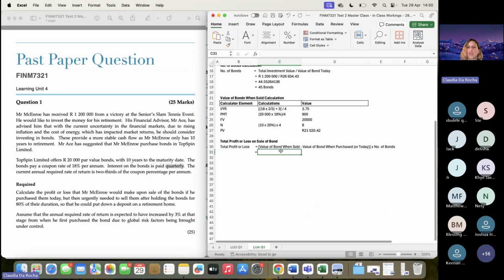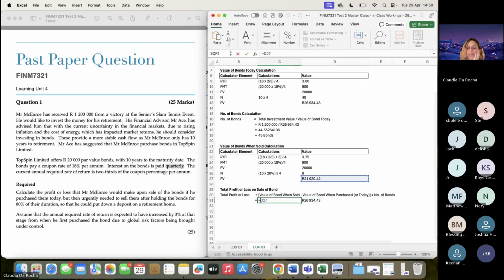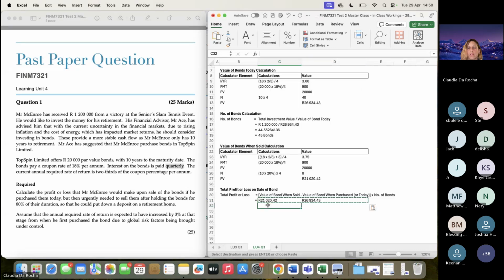Okay. So what was the value of my bond when I sold it? It was that. What was the value of my bond when I purchased it? It was the initial value. And then I'm multiplying it by the 45.